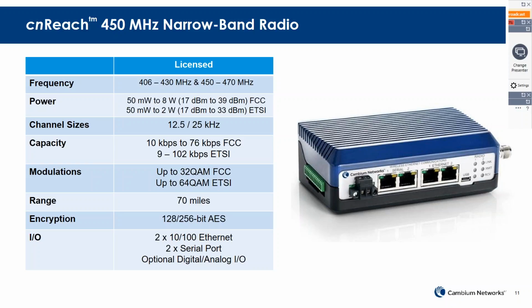Again, this radio is equipped with optional digital analog I/O, but it's standard with two 100 Ethernet ports and 2 serial ports. These 2 serial ports can be used to manage the radio, or they can be used for serial to IP, IP to serial conversion.